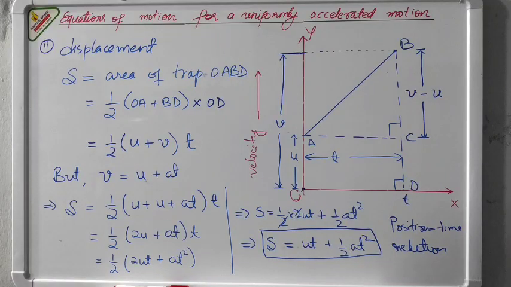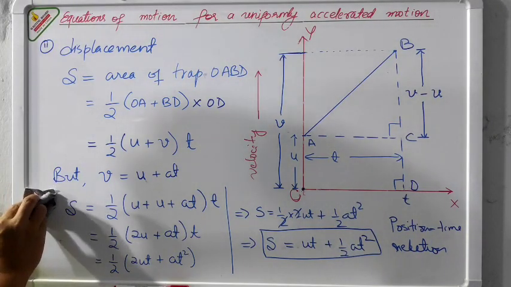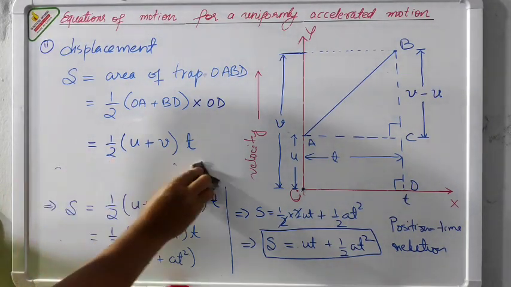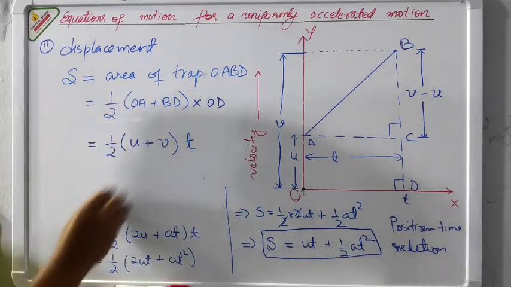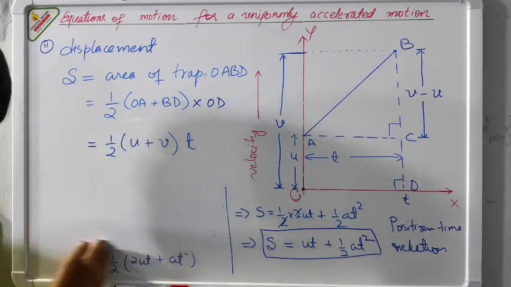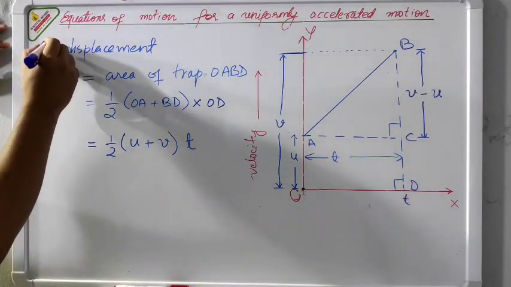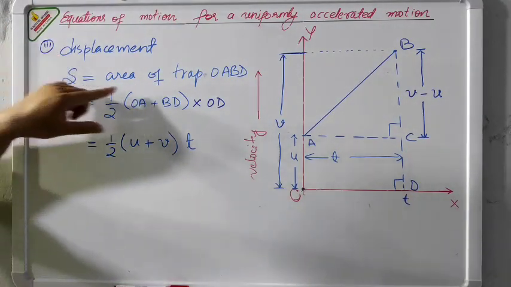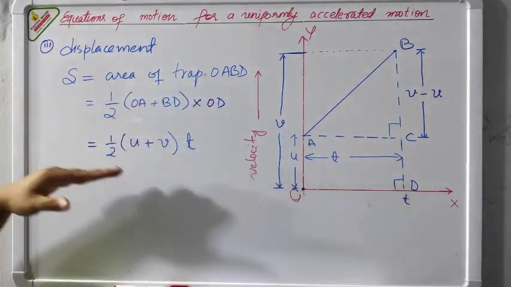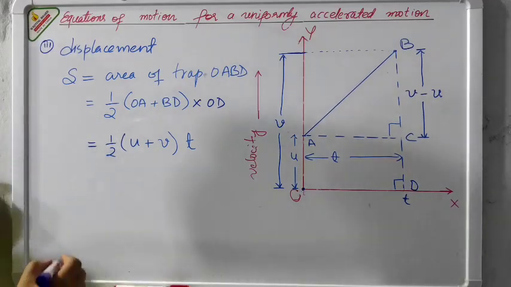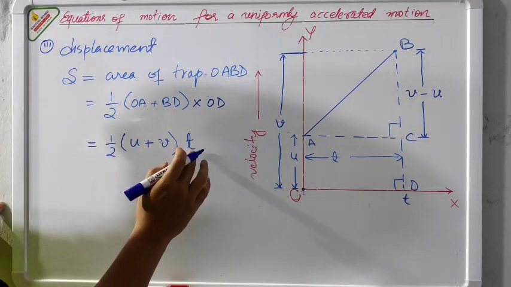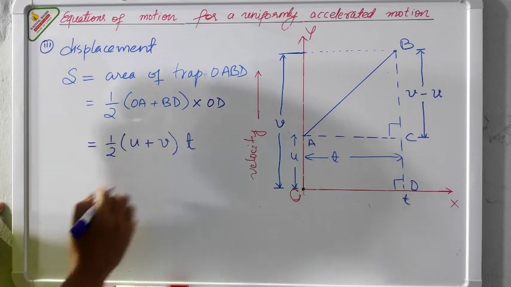Now we can move to the third equation of motion. Everything is the same till this line. Displacement s equals the area of trapezium OABD again. But you have to put the value of t.